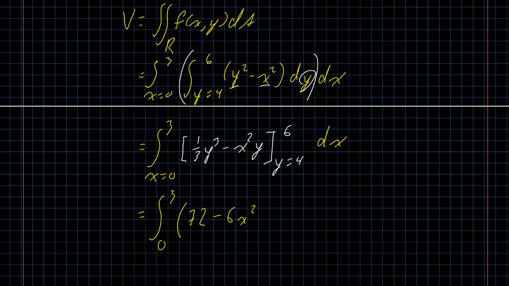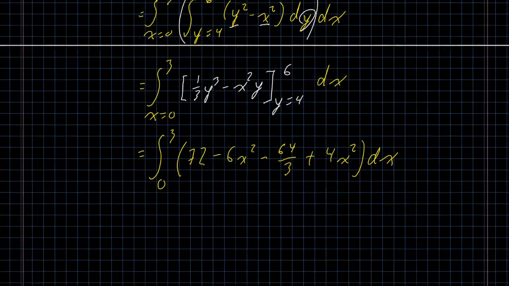And then evaluating at 4. 4 cubed is 64. 64 over 3 is, well, just 64 over 3. And then minus a minus is plus, and we'll have 4x squared. All right, just evaluating at the limits of integration the same way you've done definite integrals since Calc 1.